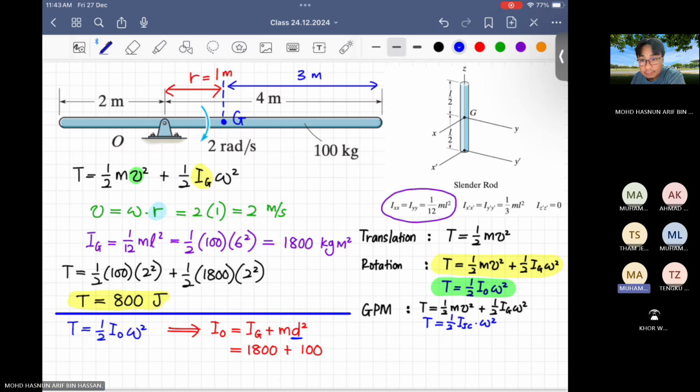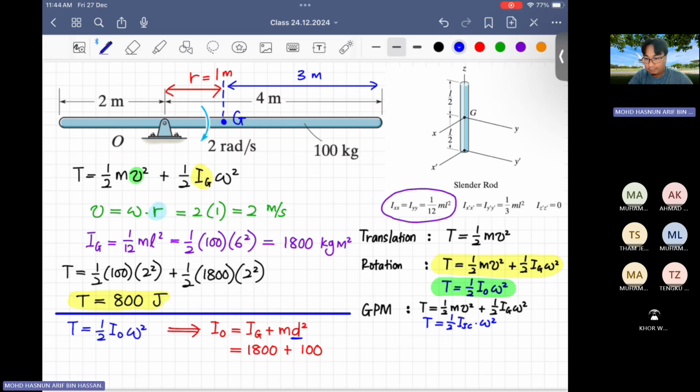Yes, the T is 3800. The total T for the rotation earlier, the highlighted 800, the answer is 3800. Is it? 3800? Are you sure?